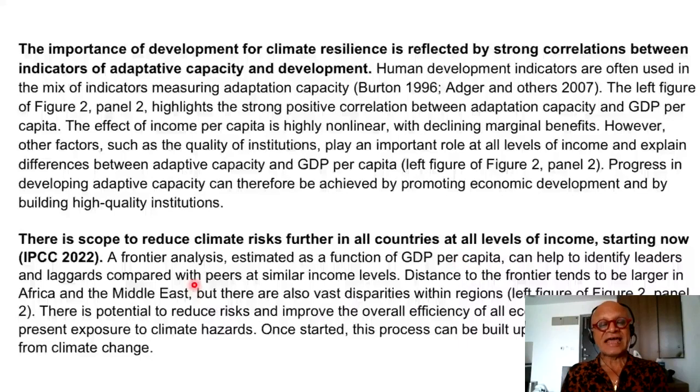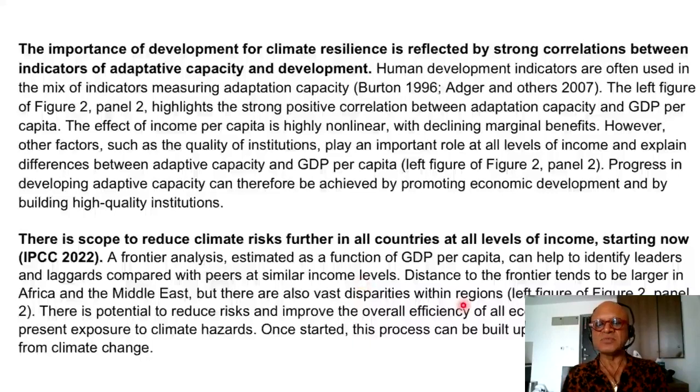A frontier analysis estimated as a function of GDP per capita. We'll see a figure, but there is some technical detail behind it which I won't go into. So a frontier analysis estimated as a function of GDP per capita can help to identify leaders and laggards compared with the peers at similar income levels. How people respond, how countries respond always depends on these things.